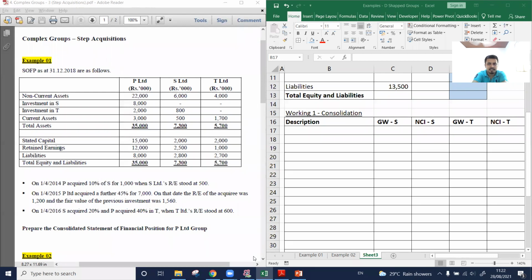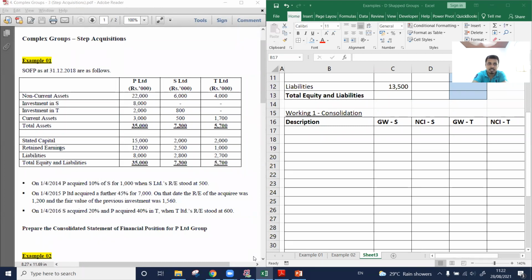I think for more than 10, more than 12 times, we have calculated goodwill so far. Goodwill generated through the acquisition: investment plus NCI minus net assets.